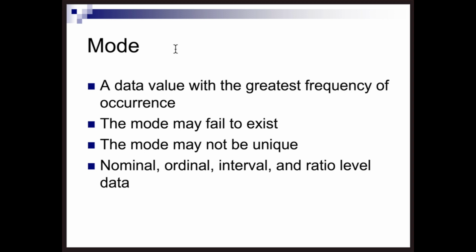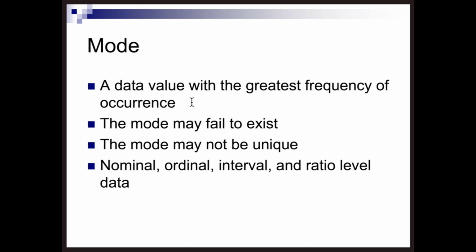But for the mode, based on its definition, the mode of a data set does have to be a value in that data set. Now, a couple of characteristics of using the mode as a measure of location, and I think it would be fair to call these disadvantages, is that the mode may fail to exist.